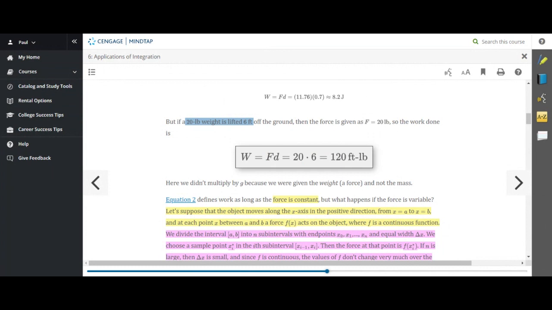But what we can do in calculus is we can deal with a force that is not constant. So let me show you what I mean here. Okay, so I'm going to draw an X and a Y-axis here. And I'm going to have an A and a B. And then I'll have some function here.